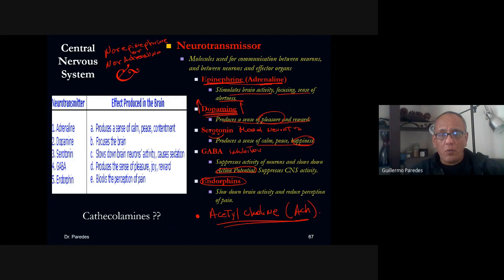So we have 1, 2, 3, 4, 5, 6. When you have all these neurotransmitters down, especially the serotonin, you are getting into depression. When mostly all neurotransmitters are very high, especially dopamine, it is going to lead into schizophrenia. So that is the pharmacology, and that is going to be the treatment that you will see later on.